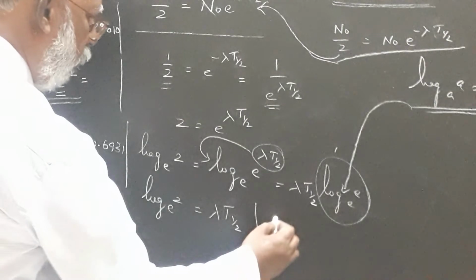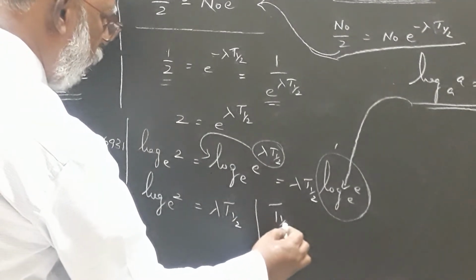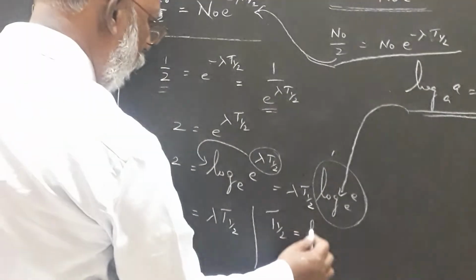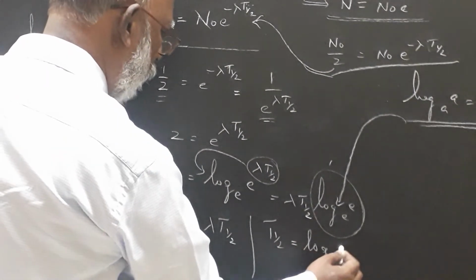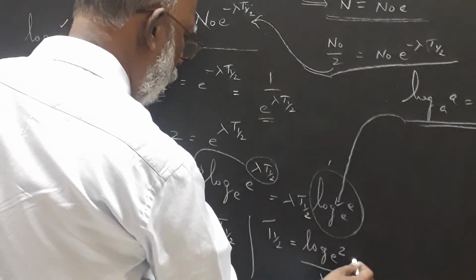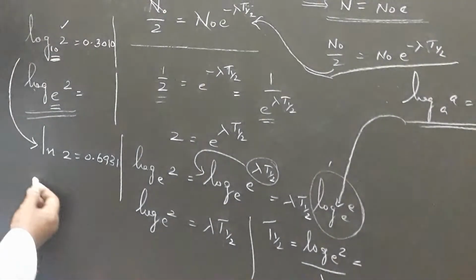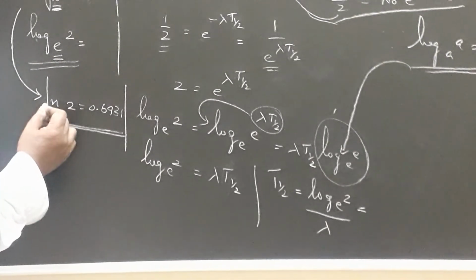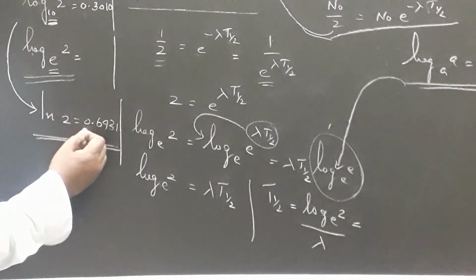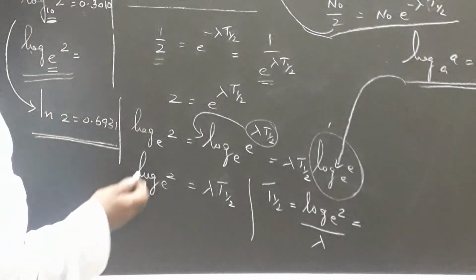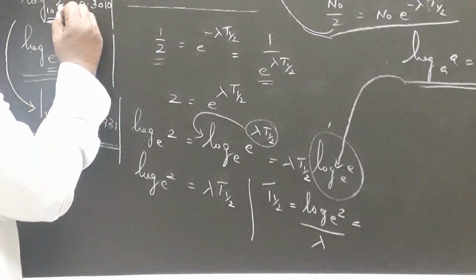But we want to find the value of t of, which equals log of 2 base e divided by lambda. Here I already told you this is the natural logarithm of 2. It is nothing but 0.6931.